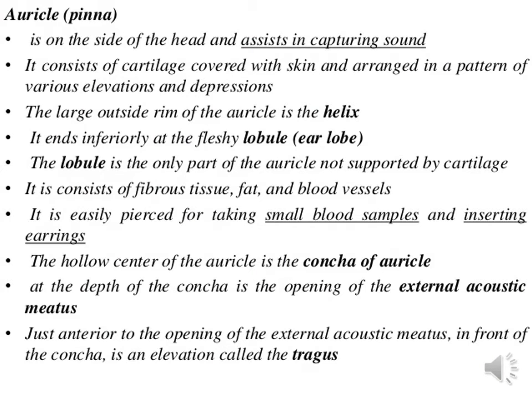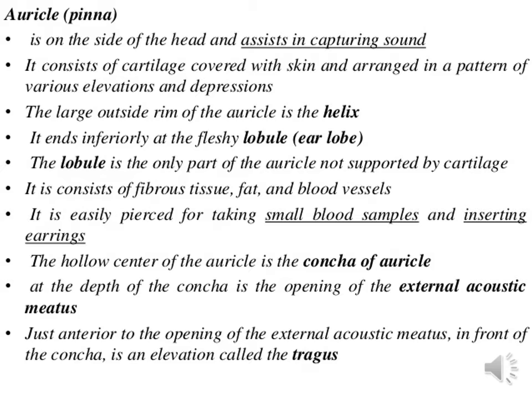We start with the first part of the external ear, the auricle. The pinna is on the side of the head and assists in capturing sound. It consists of cartilage covered with skin and arranged in a pattern of various elevations and depressions. The large outside rim of the auricle is the helix. It ends inferiorly at the fleshy lobule called the earlobe.